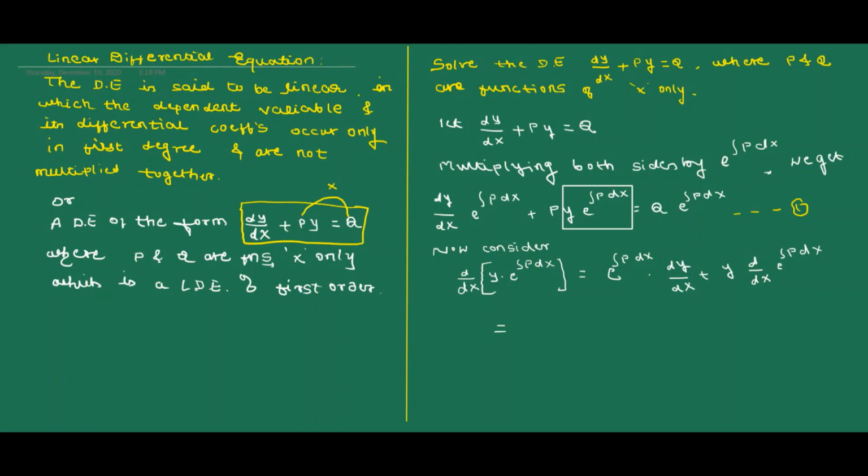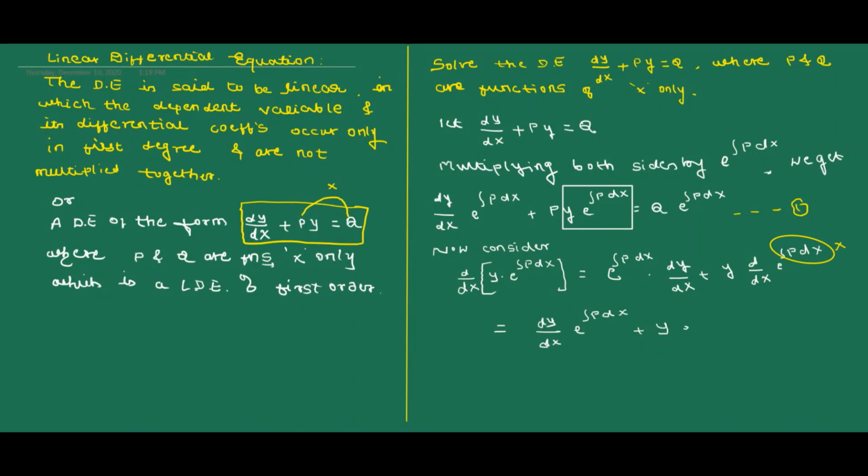So this is equal to e raised to integration of p into dx, first term as it is, that is dy by dx e raised to integration of p into dx, plus y into bracket. Now let us say this whole term, integration of p into dx, is equal to x. It becomes e raised to x. And what is the differentiation of e raised to x?